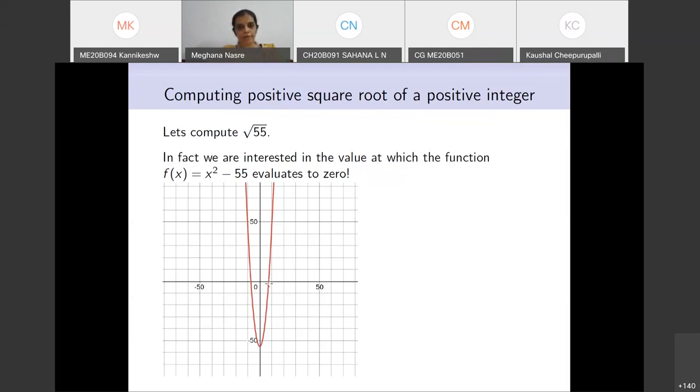Let's say we start with some initial guess and ask, is 1 the value at which it evaluates to 0? If you compute f of 1, we know that it evaluates to something which is negative. So 1 is somewhere here.